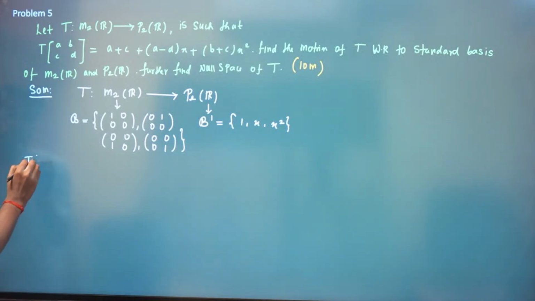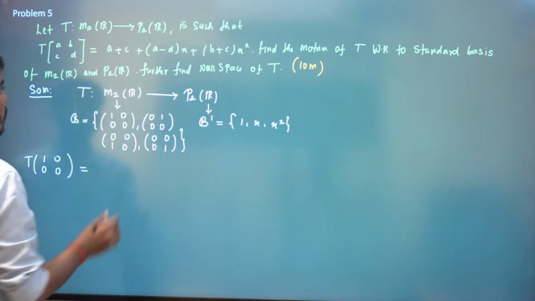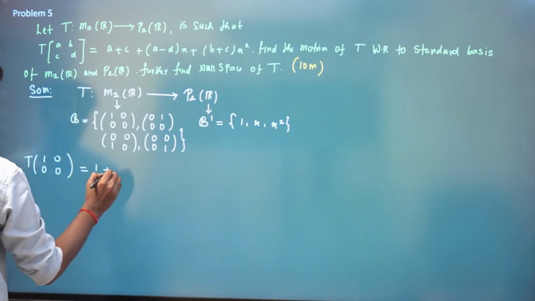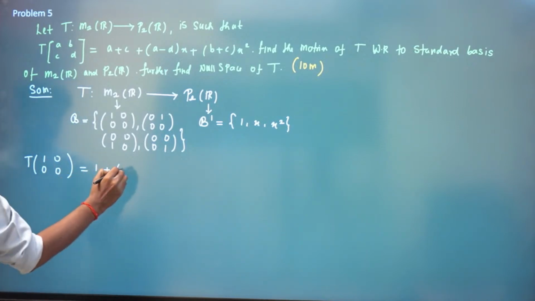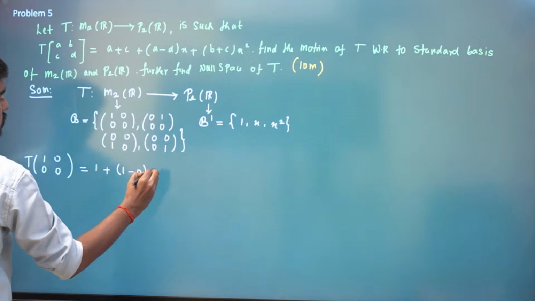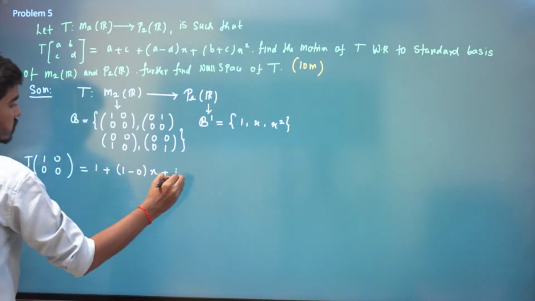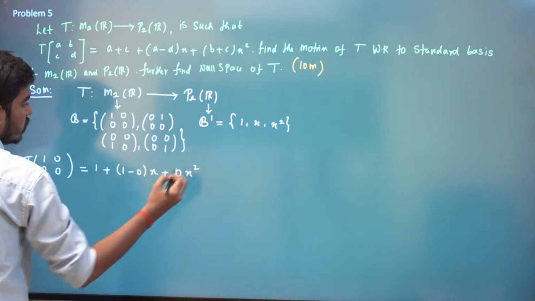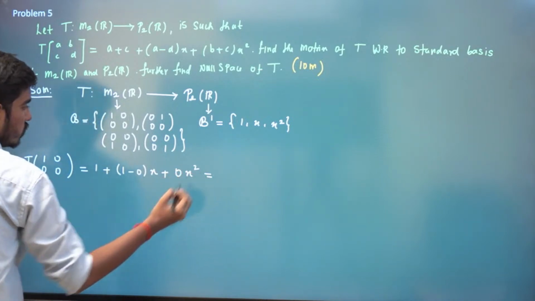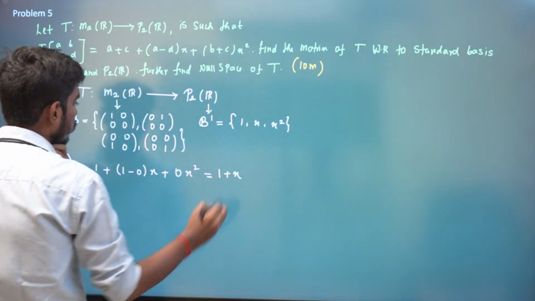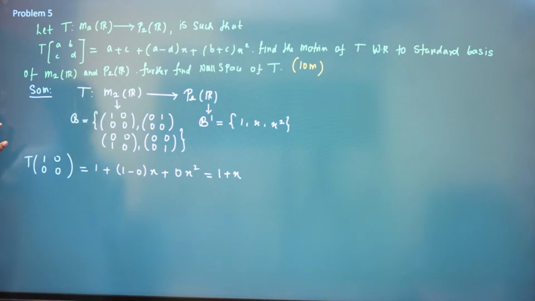So we will find T of 1 0 0 0. You can see this maps to A plus C, so 1 plus 0, plus A minus D, 1 minus 0 into x, plus B plus C, so B plus C is 0 into x square. So this is equal to 1 plus x. Now we need to write this as a linear combination of basis vectors of the codomain space.